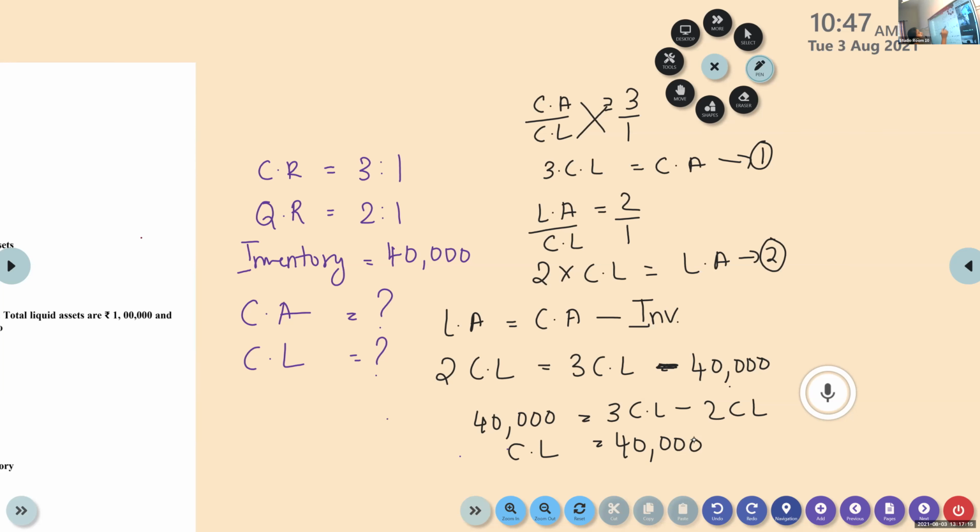Are you all able to do this? At least up to this? Current liability? 40,000. So we got the current liability now. Now how much is current asset? Current asset, we know according to equation number 1, 3 into current liability is current asset.